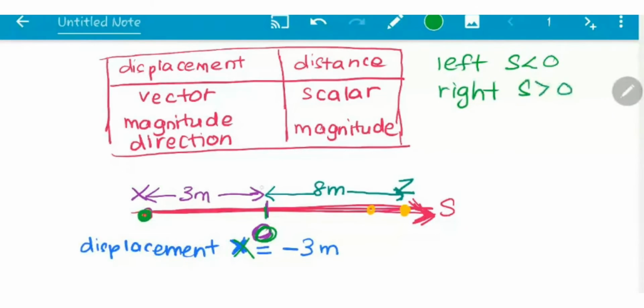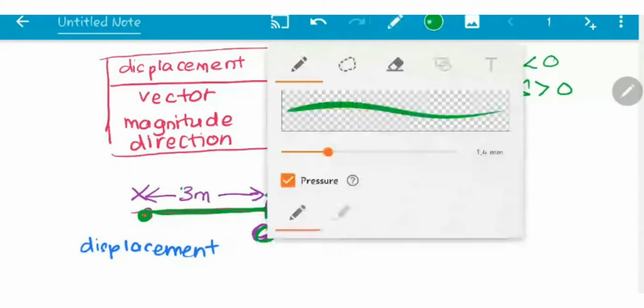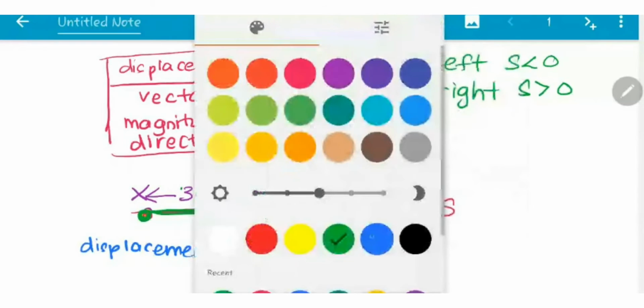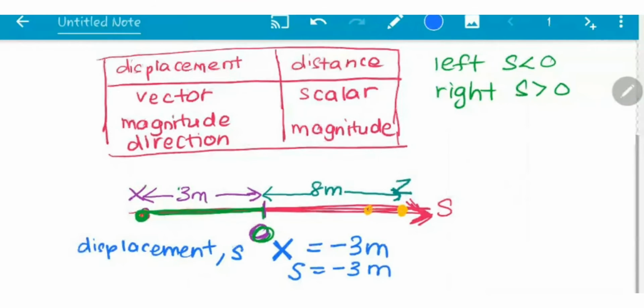Since here to here is 3 meter, so the value of, oh, I terlupa tulis simbol. Kejap. Padam sekejap. Okay, displacement of X is negative 3 meter, or you can label it as S is negative 3 meter. Okay, itu untuk X.